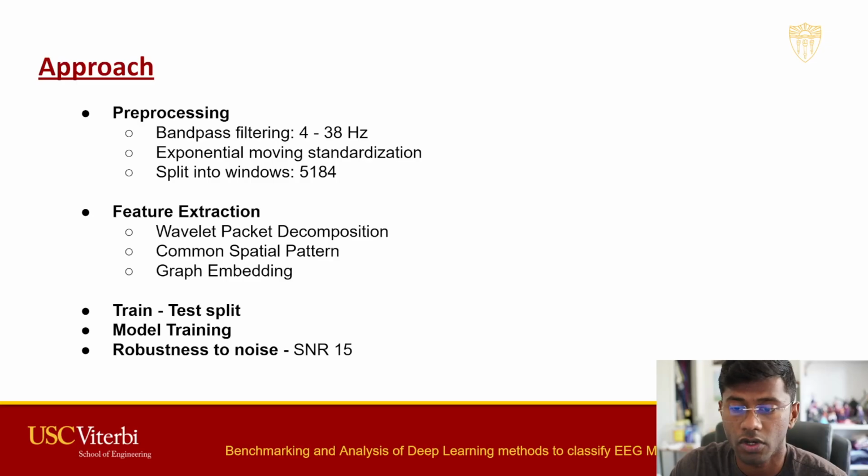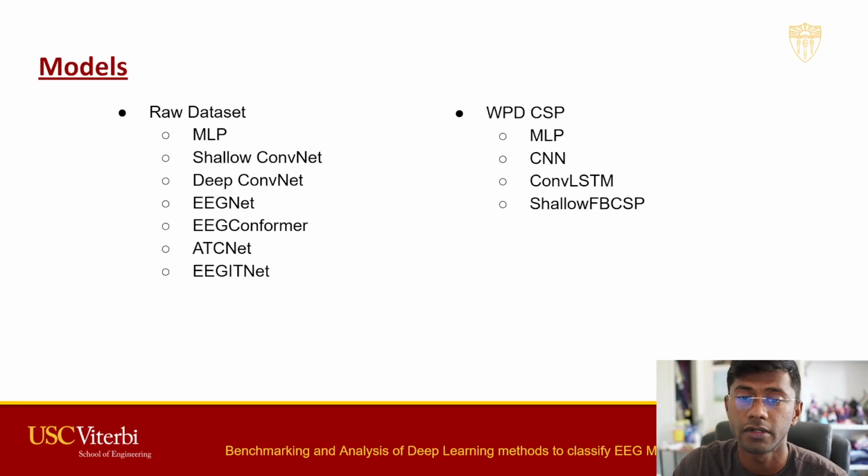And then there's common spatial pattern, which is used in signal processing for separating a multivariate signal into additive subcomponents which have maximum difference in variance between 2 windows. I guess it's like PCA, principal component analysis, where you try to find different features which have maximum variance and are orthogonal to each other. Then we performed the robustness to noise test at different noise levels. I believe we used SNR 15 and 8 decibels.